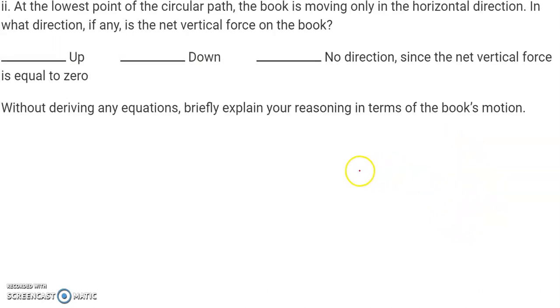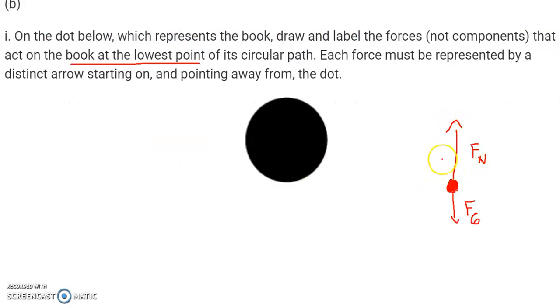At the lowest point in the circular path, the book is only moving in the horizontal direction. In what direction is the net vertical force? Well, we already drew this. In the previous one, we said the only forces acting on the book are the normal force and the force of gravity. So the book is accelerating this way, the velocity is moving this way.